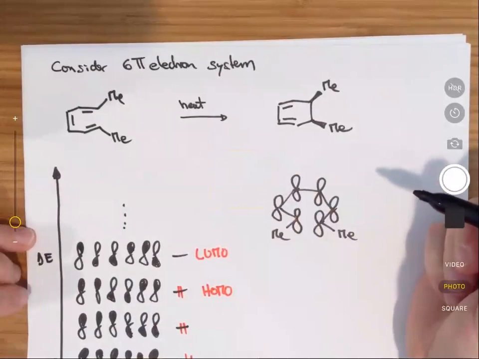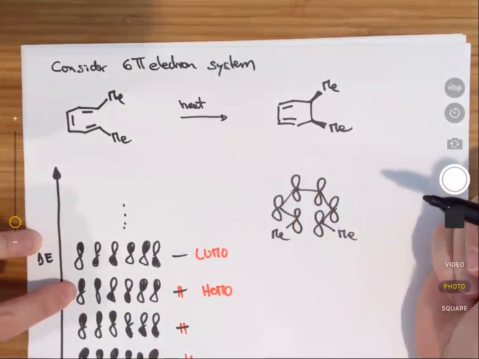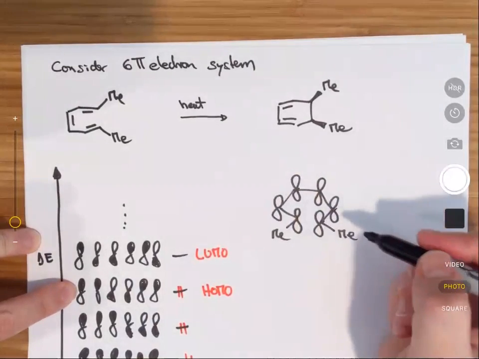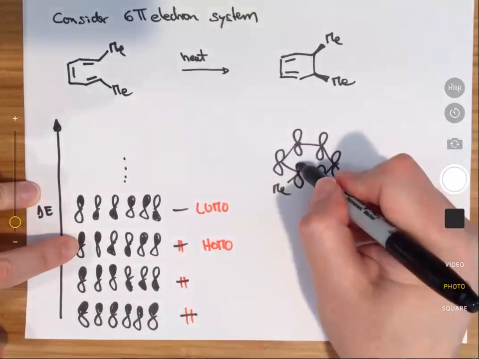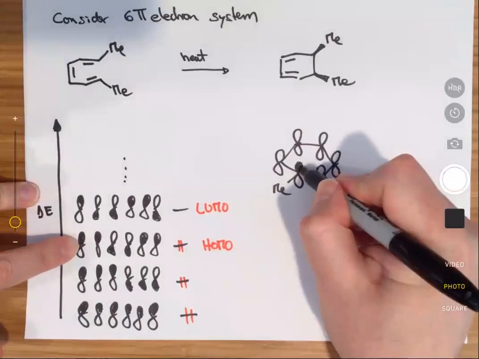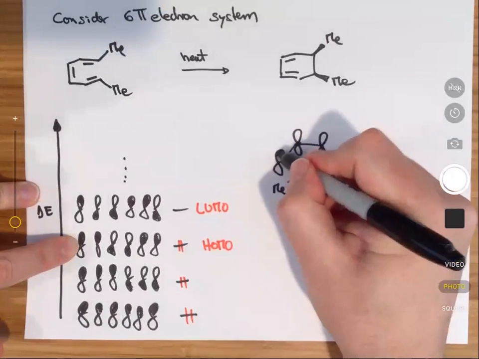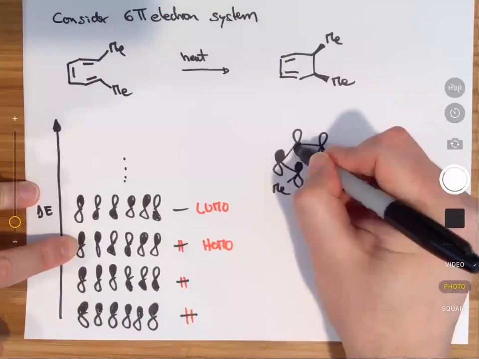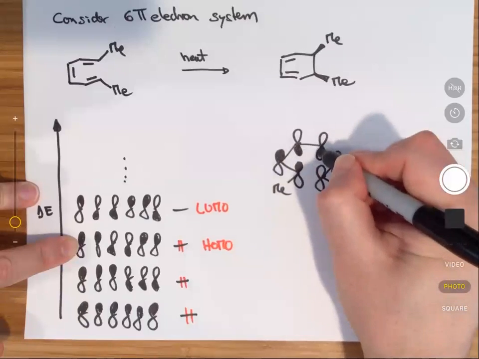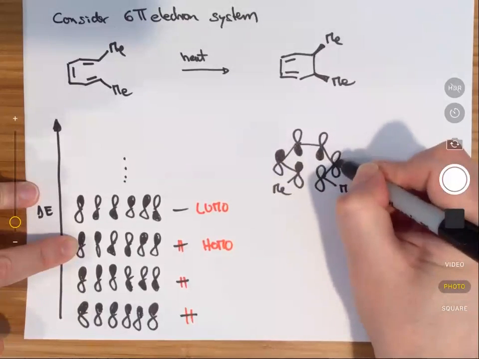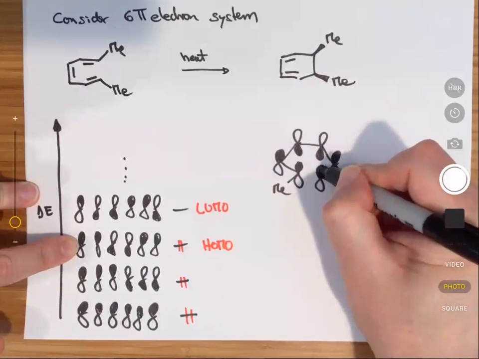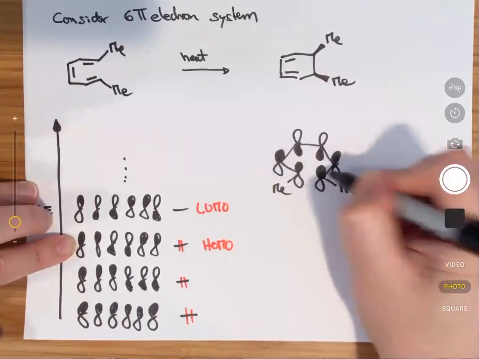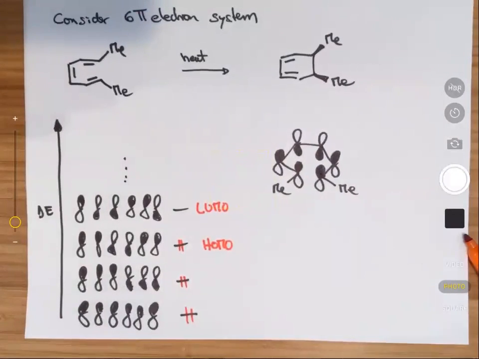And I basically am just going to copy the shading that we see in this phi 3 orbital. So the first one here is going to be shaded on the top. Then we have a node, so the shading drops to the bottom. And then we have a node again, and the shading goes to the top. All right, so by now you should have kind of recognized this pattern again.